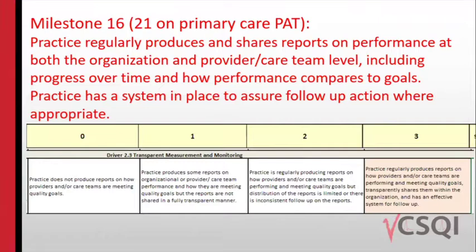But a score of a 3 would indicate that we are regularly producing these reports at either the quarterly, the monthly, the weekly level, and we're sharing them with our staff, and we have a system for if we notice an opportunity to improve, we are doing that. We're engaging staff in following up.